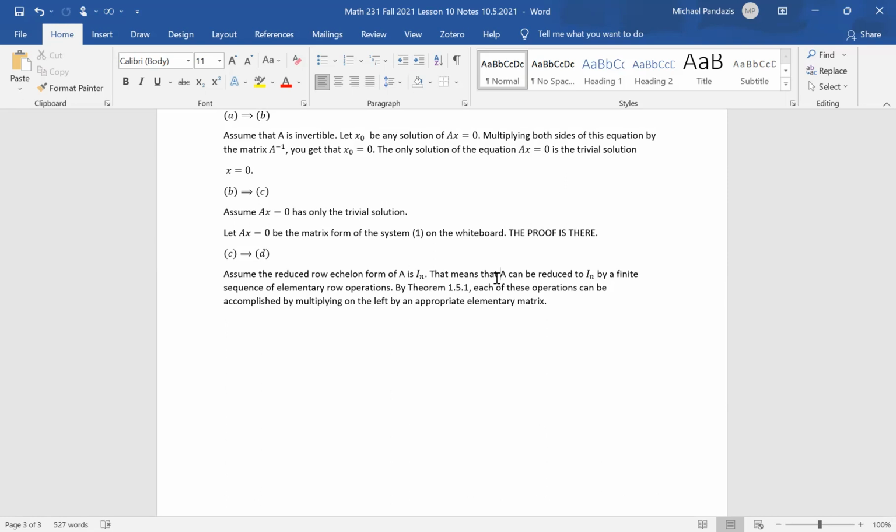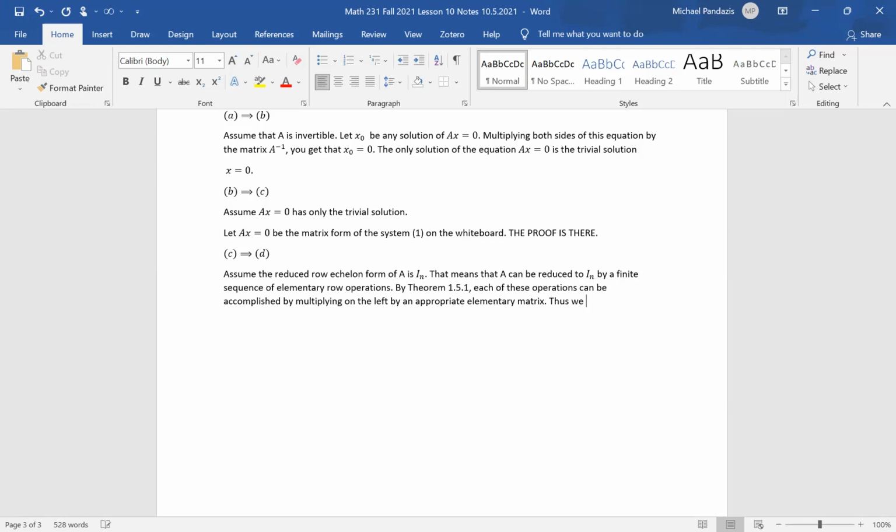So every time we would do an elementary row operation on a matrix towards getting it to reduced echelon form, instead we left multiply by an appropriate elementary matrix whose effect is performing that elementary row operation. So by Theorem 1.5.1, each of these operations can be accomplished by multiplying on the left by an appropriate elementary matrix.